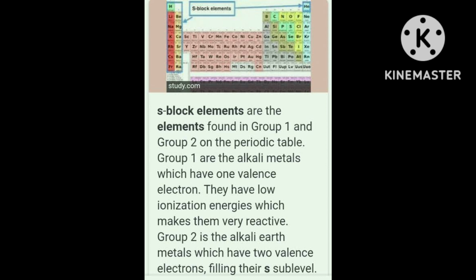As the atomic number increases, their properties will change. Okay, this is the regular trend.